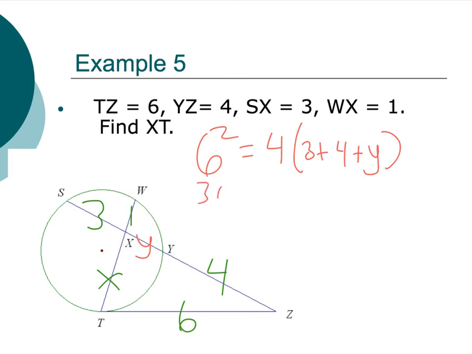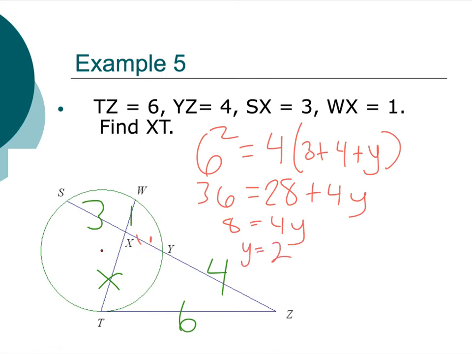So I get 36 is equal to, well, 4 times 7 is 28 plus 4y. Got to distribute it, right? Bring that over, I get 8 is equal to 4y. So y equals 2.